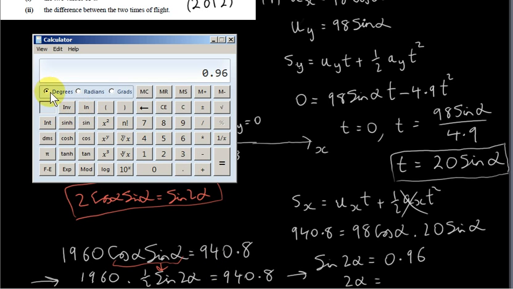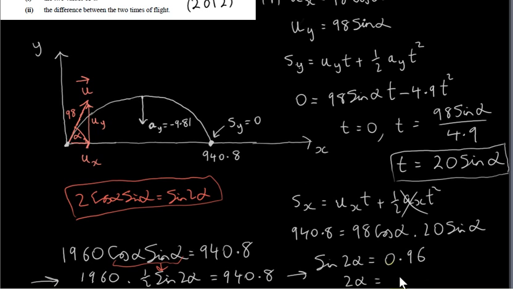So I'll get alpha in degrees. So in degrees we get 73.74. But that's not the only answer.